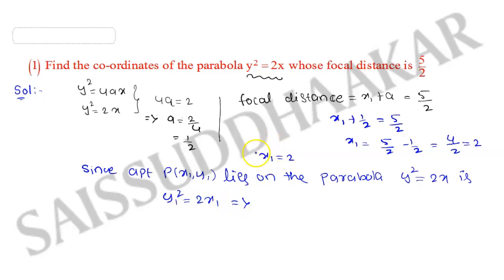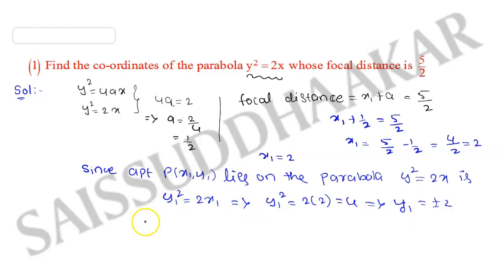We got x1 value as 2. Replace here to get the value of y1. So y1 square is equal to 2 into 2, that is equal to 4. Implies y1 is equal to plus or minus 2.